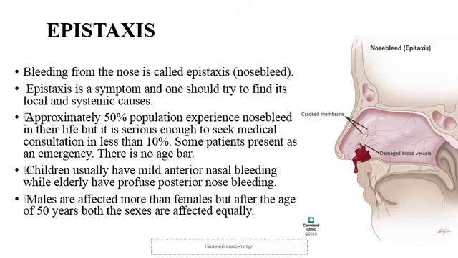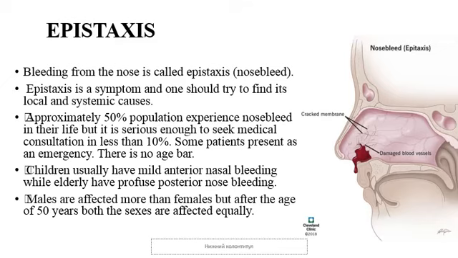What is epistaxis? Bleeding from the nose is called epistaxis or nosebleed. Epistaxis is a symptom and one should try to find its local and systemic causes. Approximately 50% of the population experience nosebleed in their life, but it is serious enough to seek medical consultation in less than 10%.